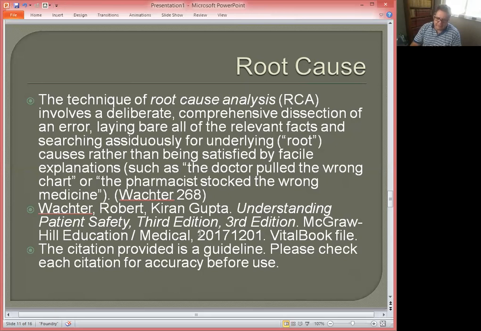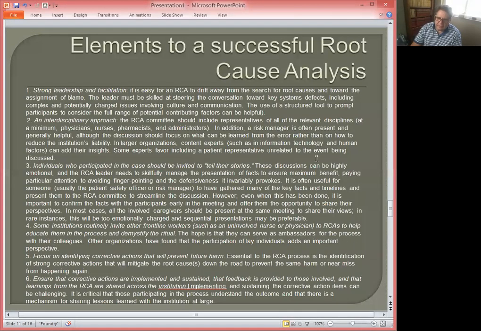Understanding Patient Safety, your textbook, does a really good job in addressing this issue of root cause analysis. I would strongly recommend that you read the elements of a successful root cause analysis. Of the main elements, the author lists strong leadership and facilitation skills within the organization, an interdisciplinary team approach, and that those individuals who participate in the case should be invited to tell their stories.